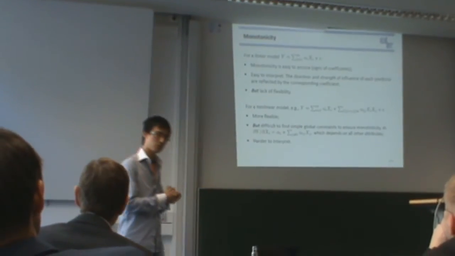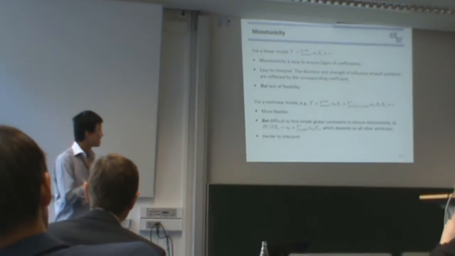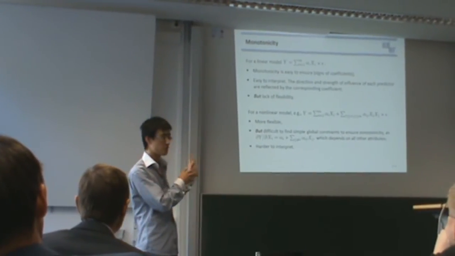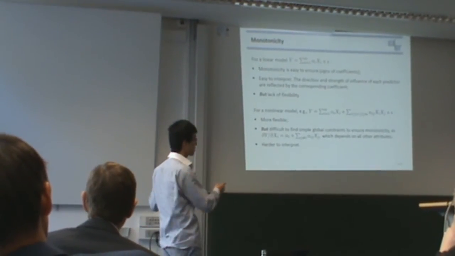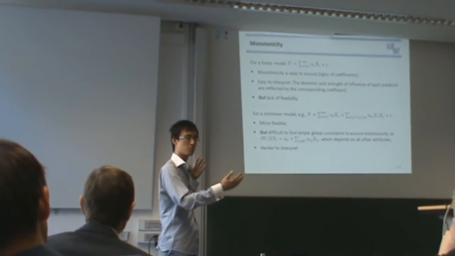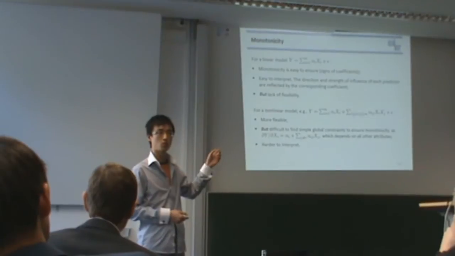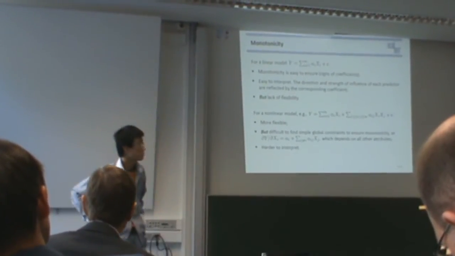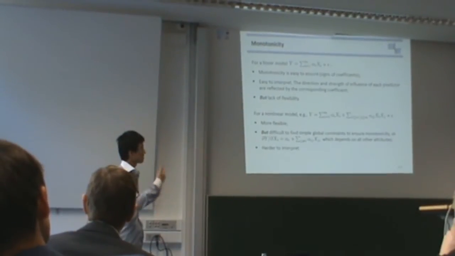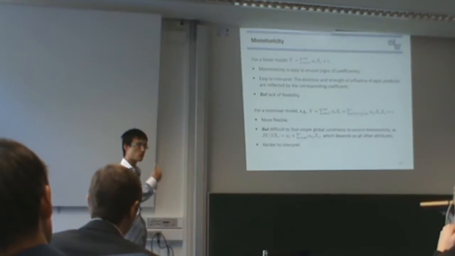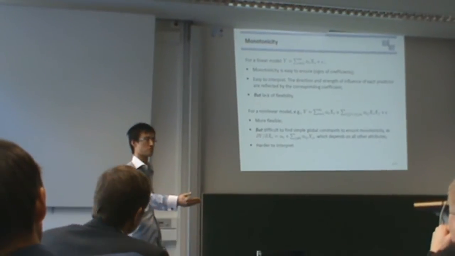A nonlinear model, on the other hand, is more flexible. For example, here we consider a very simple nonlinear model. We have a linear part, and we simply add some interaction term to the linear model. So we have a very simple nonlinear model, which is, by the way, very widely used in statistics. Already for this very simple model, if you take the partial derivative with respect to one single attribute, you find out that it depends on all the other attributes.